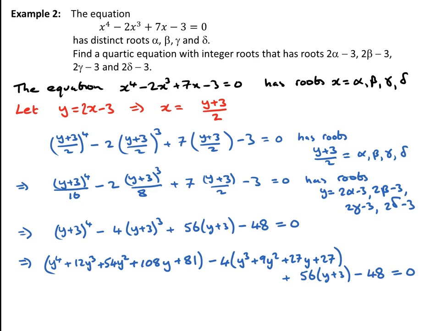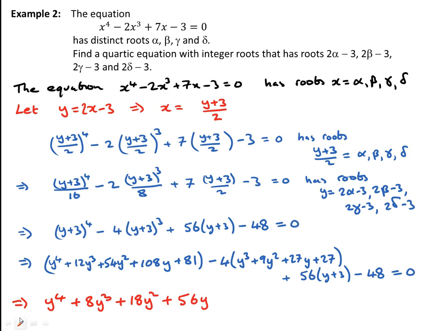Okay, if we look at the terms carefully, we first of all got 1y to the 4. Then we've got 12y cubed, take away 4y cubed, so that is plus 8y cubed. We've then got 54y squared, take away 36y squared, so that is plus 18y squared. We've then got 108y, take away 108y, but add 56y, so that's plus 56y.